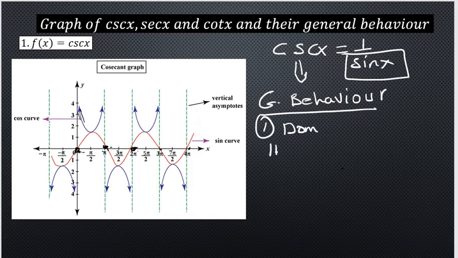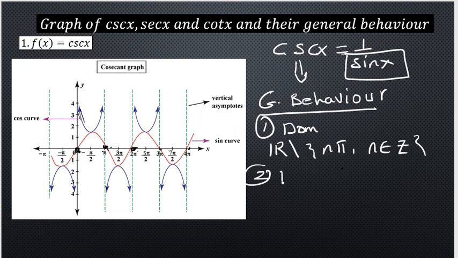The domain is the set of real numbers, but without those undefined points, which mean the vertical asymptotes: without n pi, for n an element of the integers. At every pi, 2 pi, 3 pi, and to the left also the same, even at 0, when you substitute 0 in place of n. Those n pi points are undefined points, so we need to exclude them. So the domain is the set of real numbers without those points.